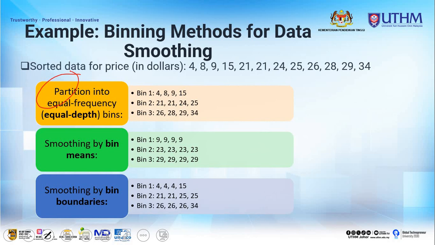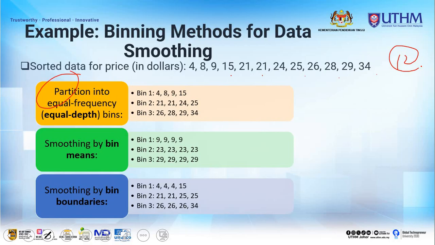When there is equal frequency, how many samples are there? We have 12 samples: 2, 4, 6, 8, 10, 12. So 12, and we want equal bins, 3 bins. We will get 4 samples in each bin. So that is equal depth.